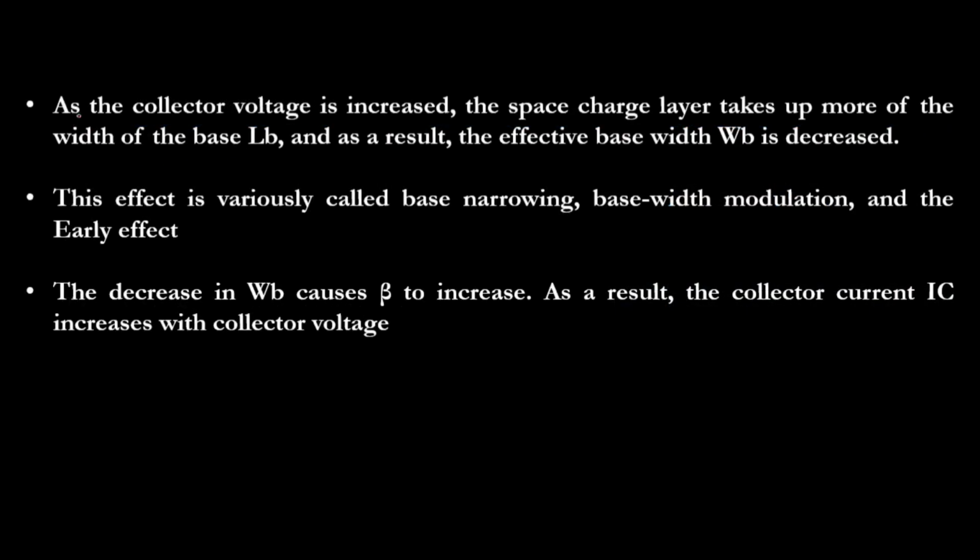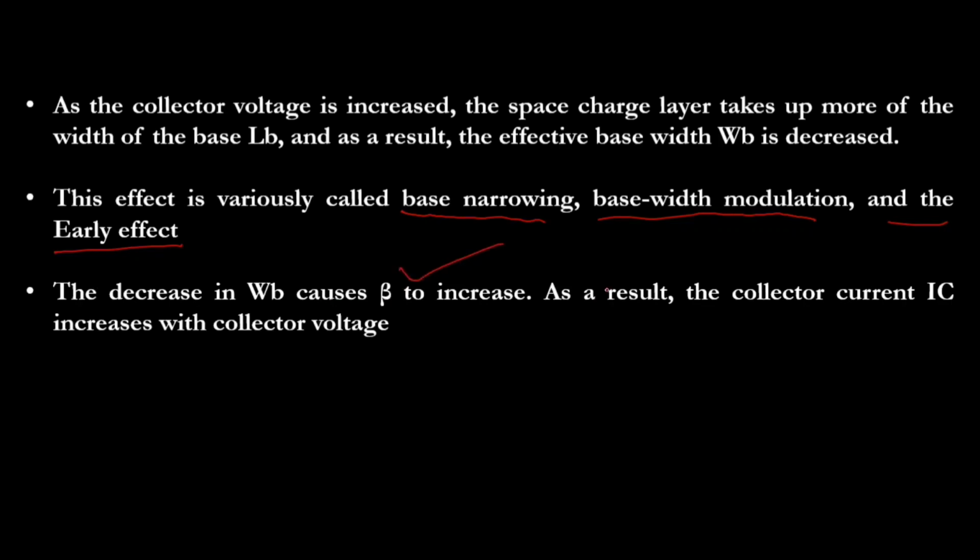As the collector voltage is increased, the space charge layer takes up more of the width of the base LB. As a result, the effective base width WB is decreased. This effect is variously called base narrowing, base width modulation and the early effect. A decrease in WB causes beta to increase.